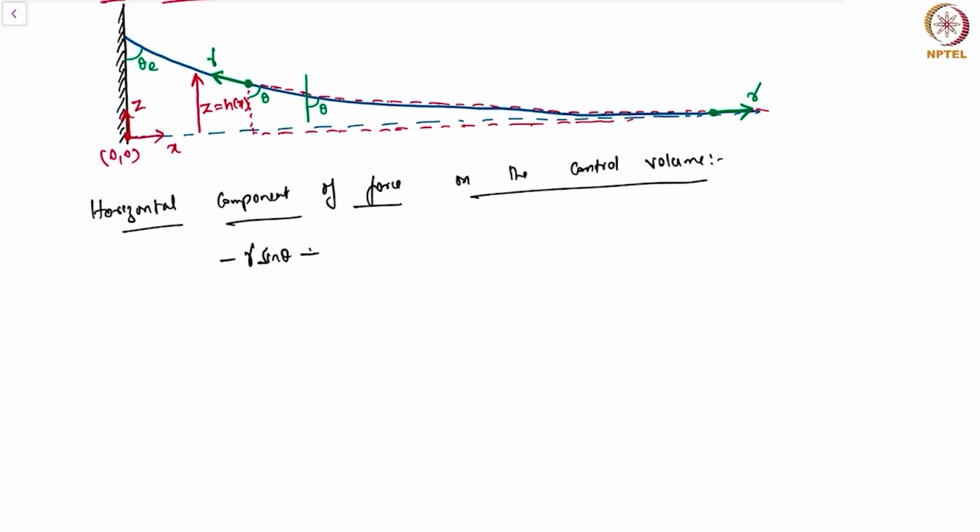So on one side it is minus gamma sine theta, and on the other side it's plus gamma. And then I also need to take into account that there is a constant pressure P naught on top. I want the projection of this pressure from the top in the horizontal direction.